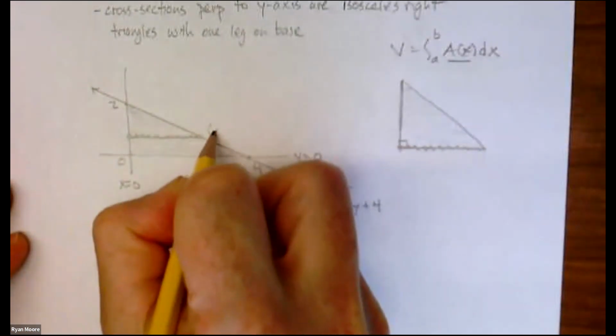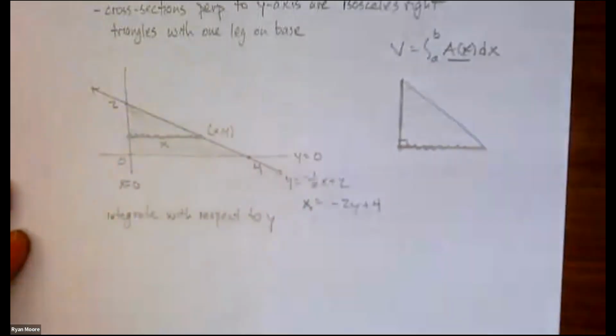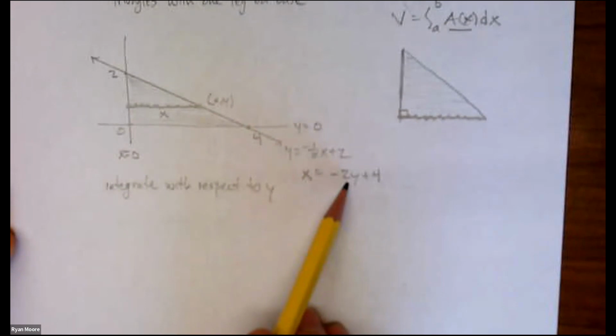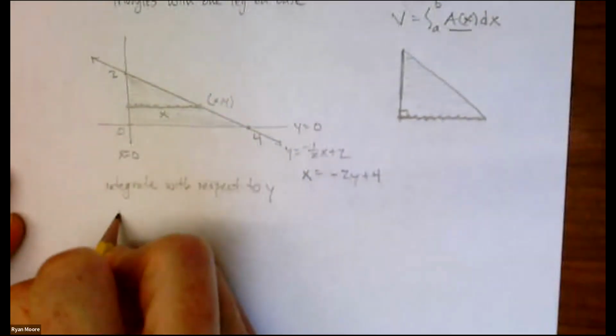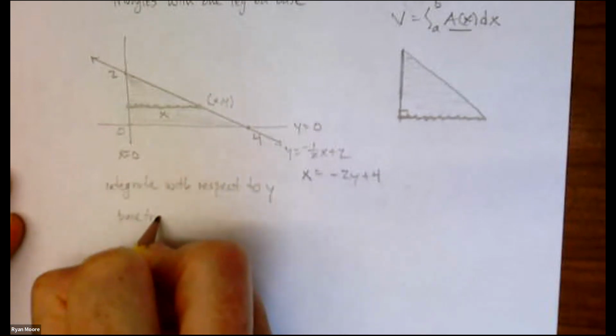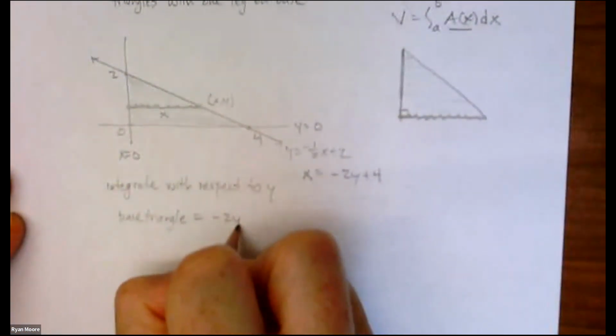If this here is the point (x, y), then that distance is the horizontal, that's x. And we found what x equals already. It's negative 2y plus 4. So the base of our triangle over here is that x, negative 2y plus 4.